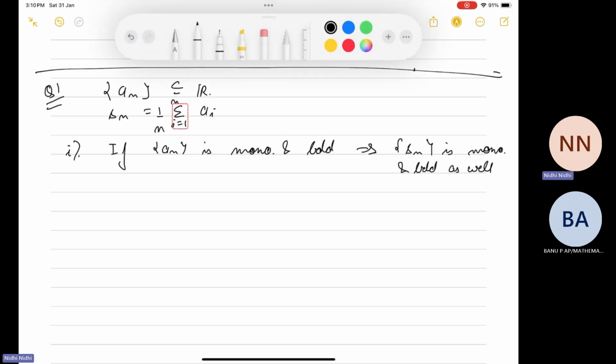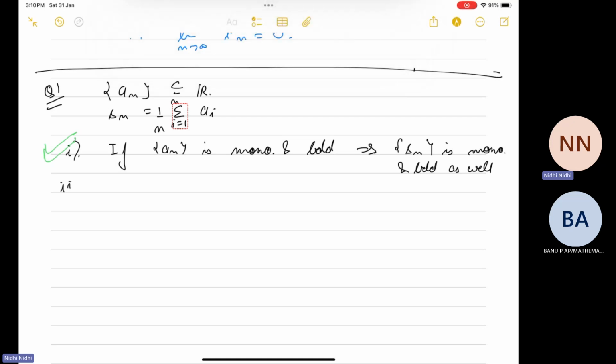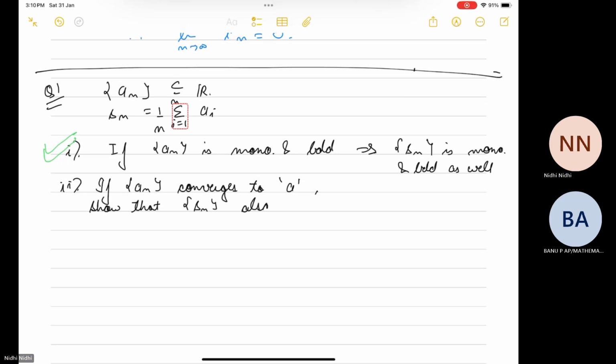This part we had already done in the previous session. The next part says that if the sequence an is convergent and it is converging to a, then show that Sn also converges to a. Let us see how.